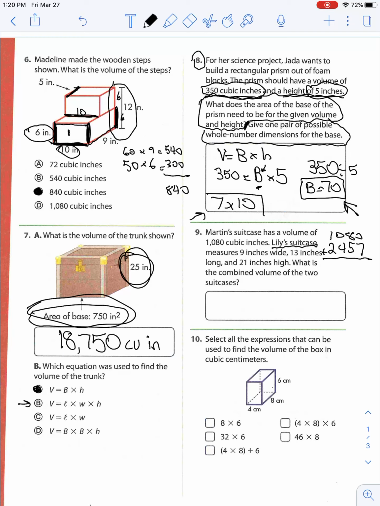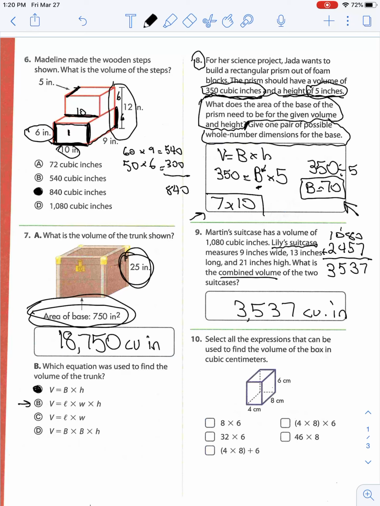And now we got to combine the volume. So that's a 7, 3, carry the 1, 5, and 3. 3,537. That wasn't so hard. Don't forget your labels, boys and girls.